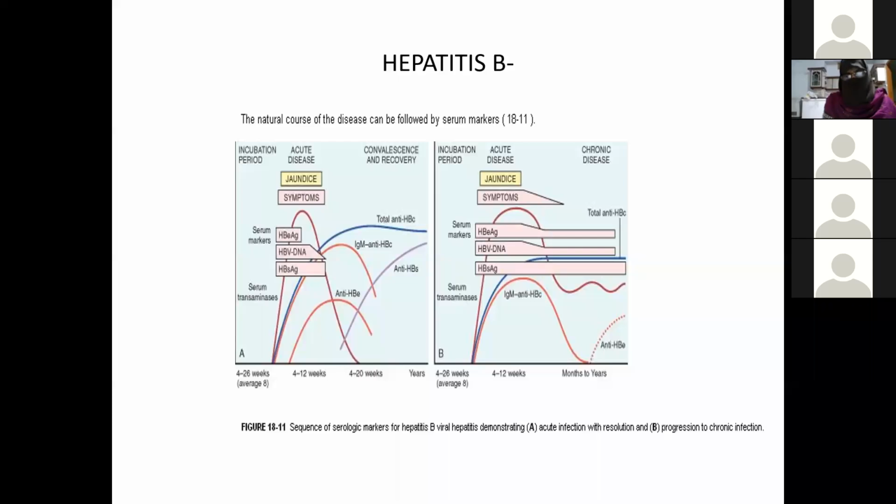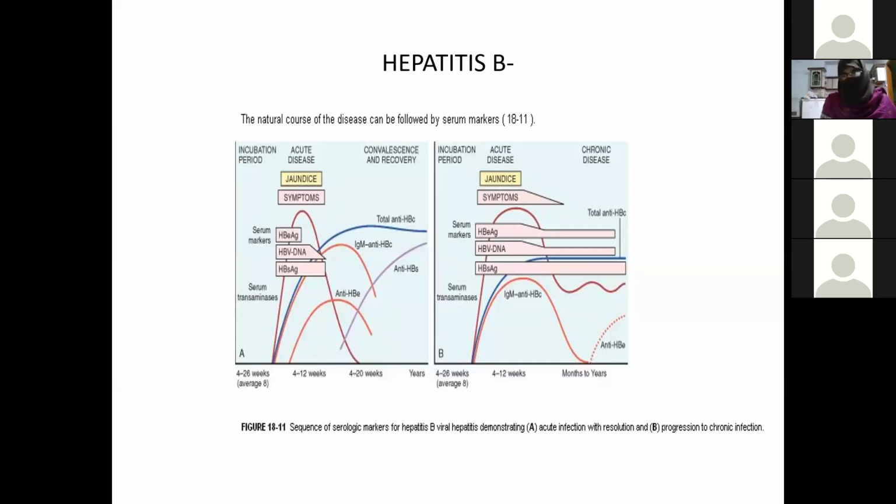Ma'am, in the window period it would be HBsAg. No, ma'am, in the window period anti-HBc is positive. It is basically IgM anti-HBc. Okay.